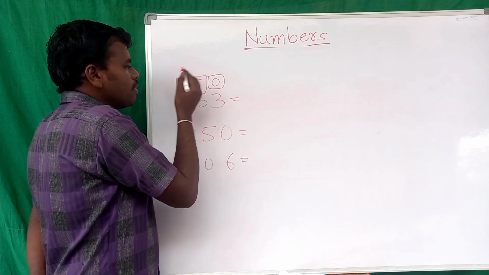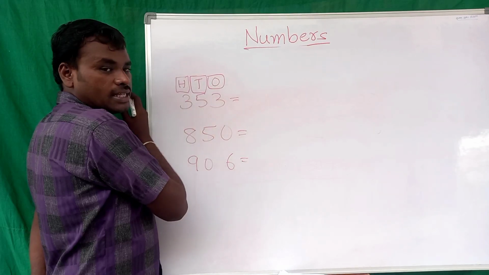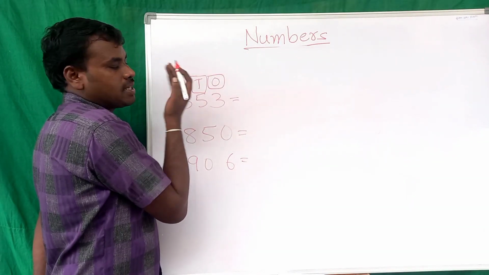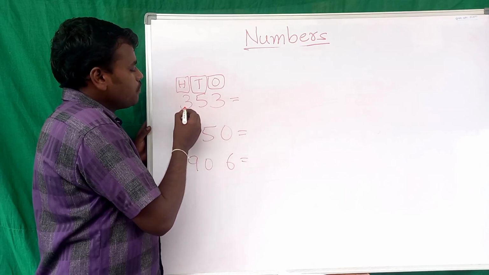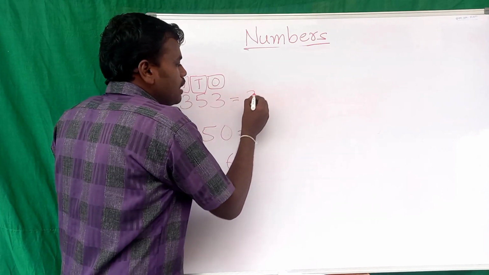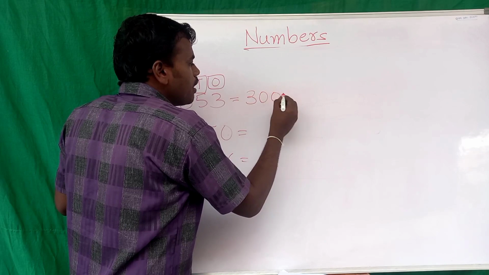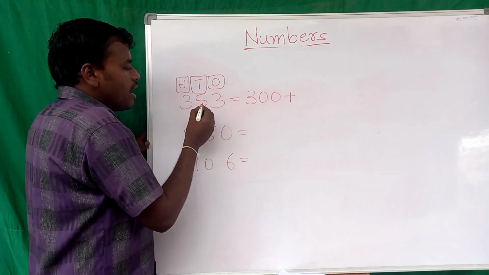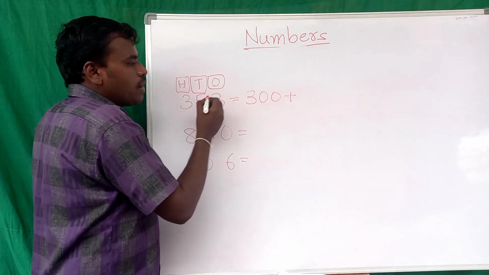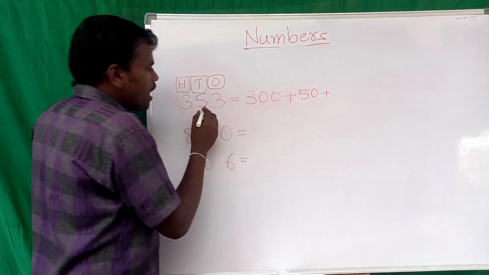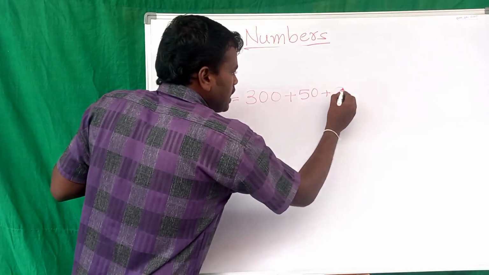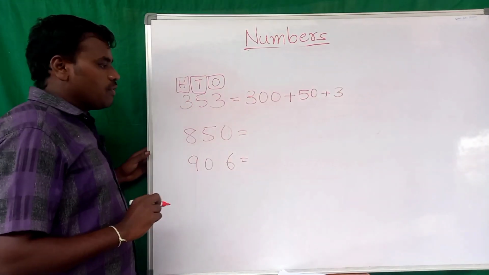Ones, tens, hundreds. In the hundreds room we have 3, so its place value is 300, plus in the tens room 5, that means 50, 5 tens. In the ones place we have 3, so we write 3.